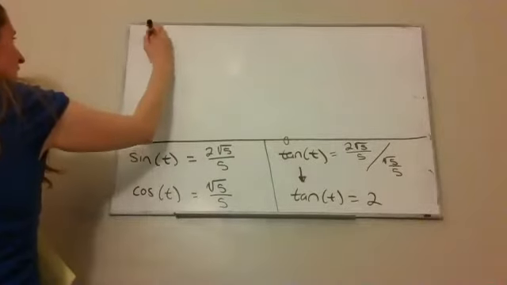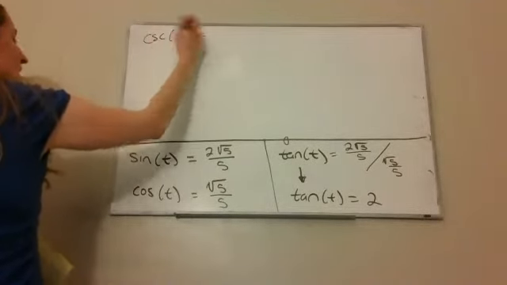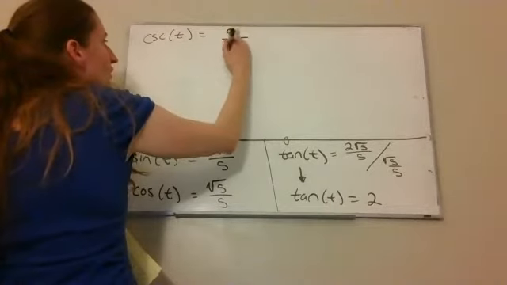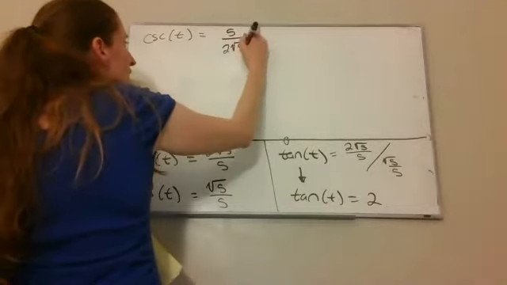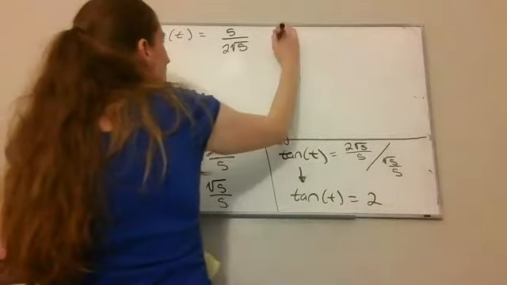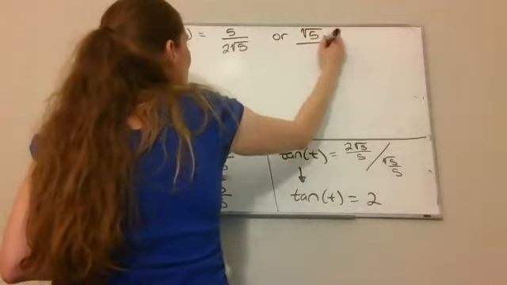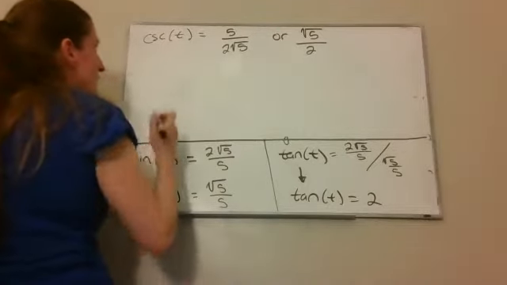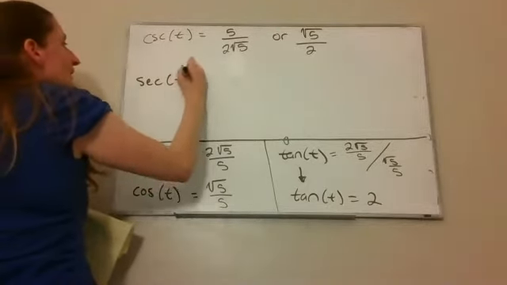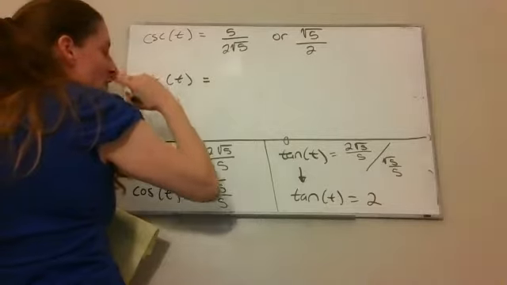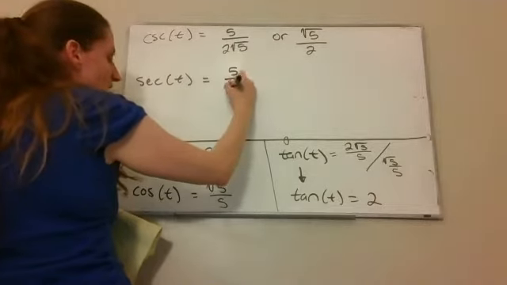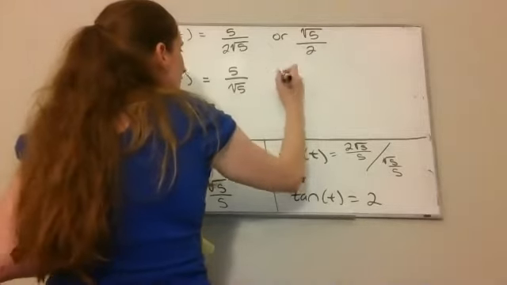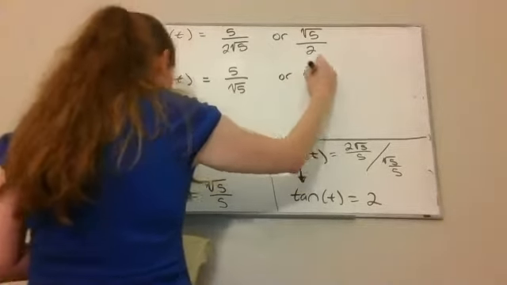I know that cosecant is 1 over y, and so that gets me 5 over 2 square root 5, which if I rationalize the denominator, I get square root of 5 over 2. Either answer is acceptable. My secant is going to be 1 over my x, 5 over square root 5, which if you rationalize your denominator, you just get square root of 5.